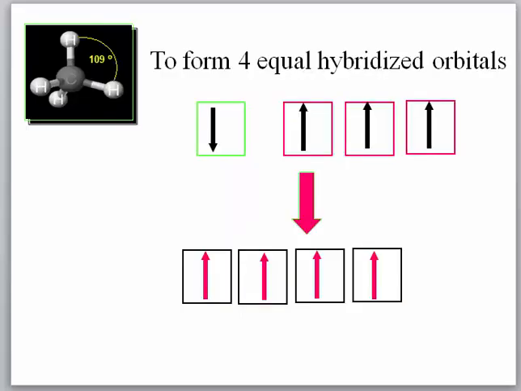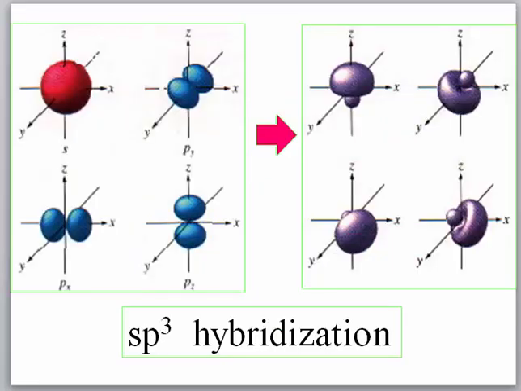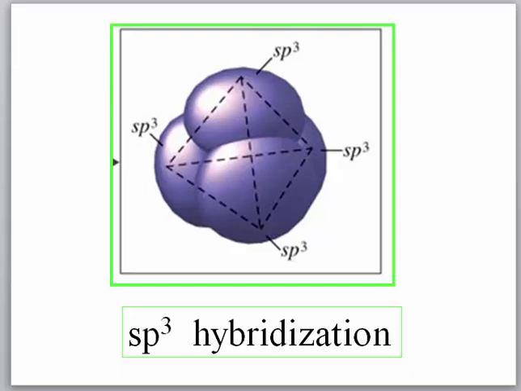So instead of an s and 3 separate p's, we mash these guys into a hybrid orbital where you have sp3 hybridization. So blending the s and 3 p's gives you 4 equal orbitals. Always, tetrahedral has sp3 hybridization. If you're sp3 hybridized, you do not have any multiple bonds.